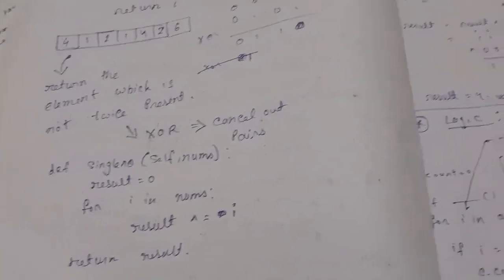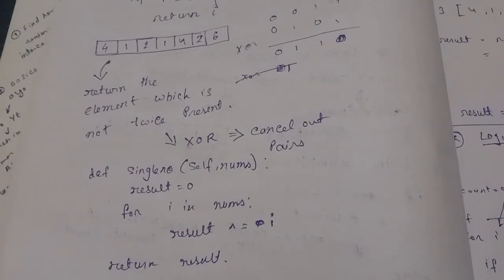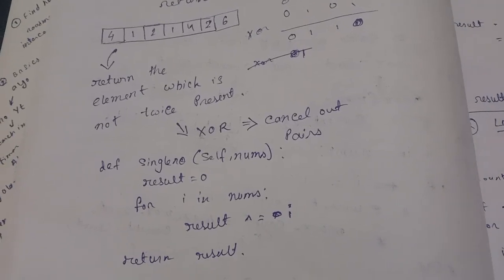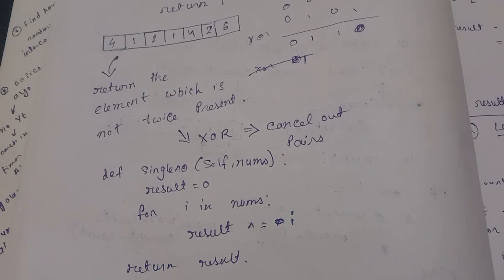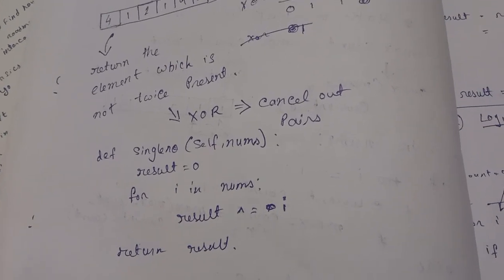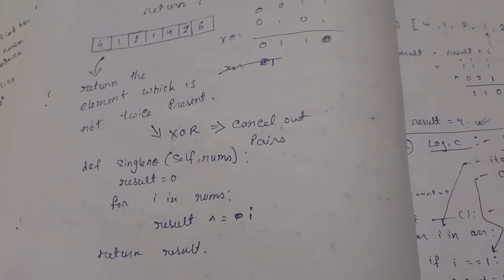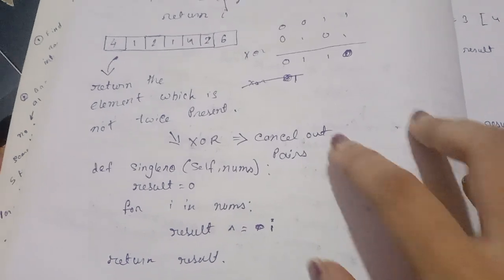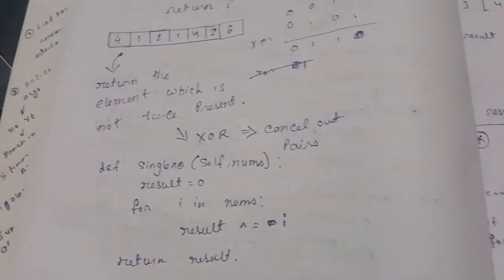That means if a number is repeated twice, if it has a duplicate, then it will eliminate that pairing, and it will return only the single-time element, the element which is not there in the array in a pair. So we can use this here.